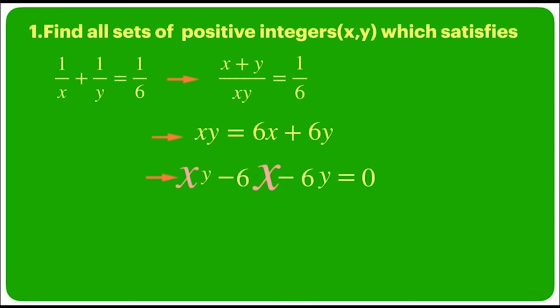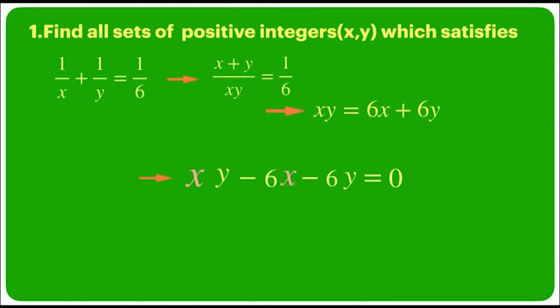So to factorize this form, what should you do? Here xy minus 6x minus 6y equal to 0. You have to put a 6 into 6, isn't it? Because if you take x as common, then y minus 6 will be the term, and then from minus 6y, what will be the next term, so that by taking common, y minus 6 will come?